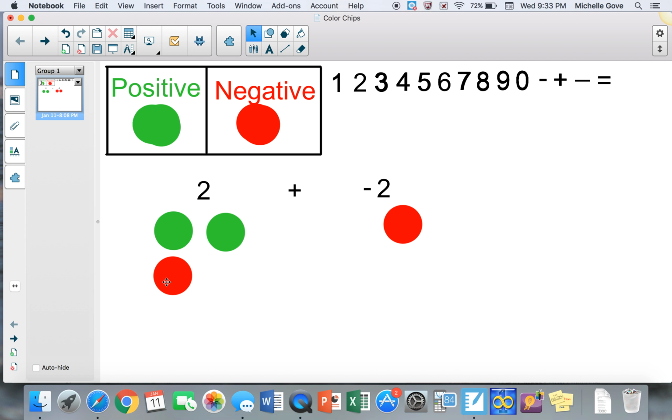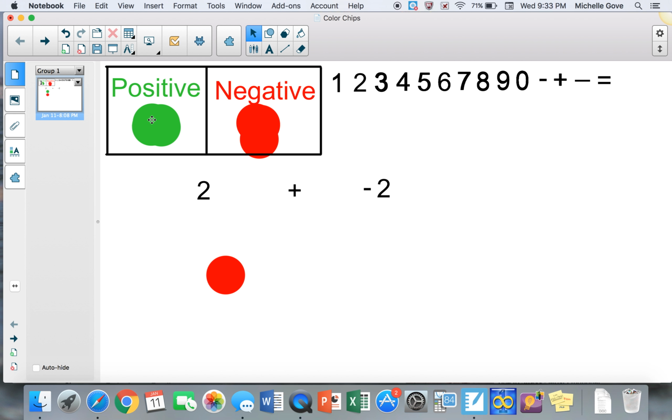But because each red and green cancels each other out, they actually go away, and we're left with nothing, or 0. And so here, 2 and negative 2 are additive inverses because they are opposites.